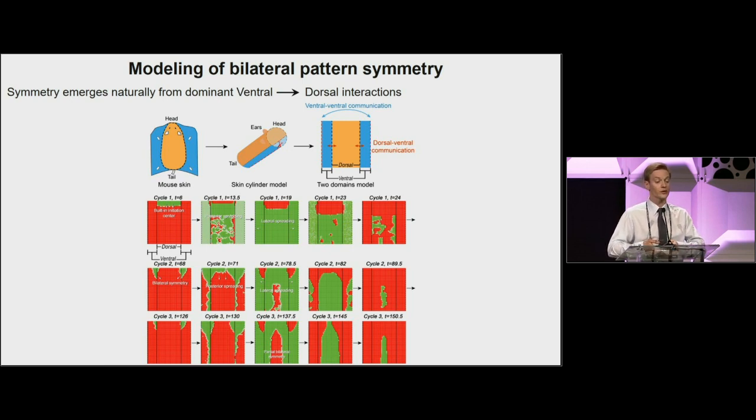And this is shown here at the bottom, where you have a color-coded simulation output, with green being the simulated anagen and red being the telogen.